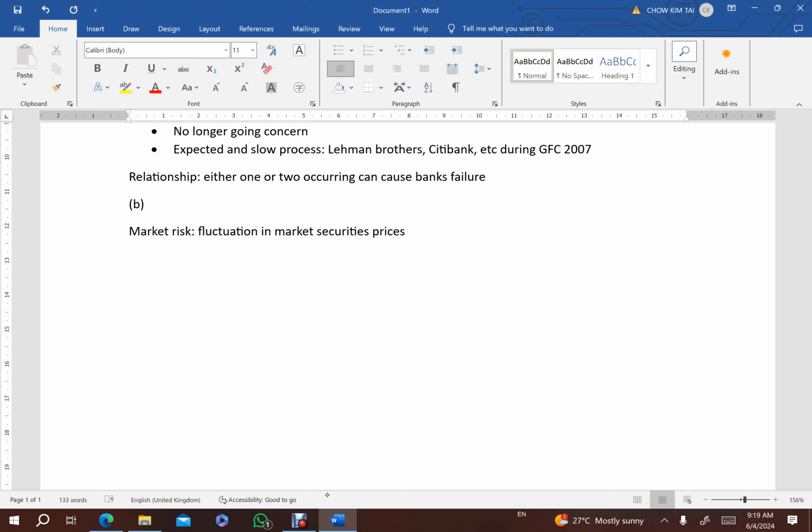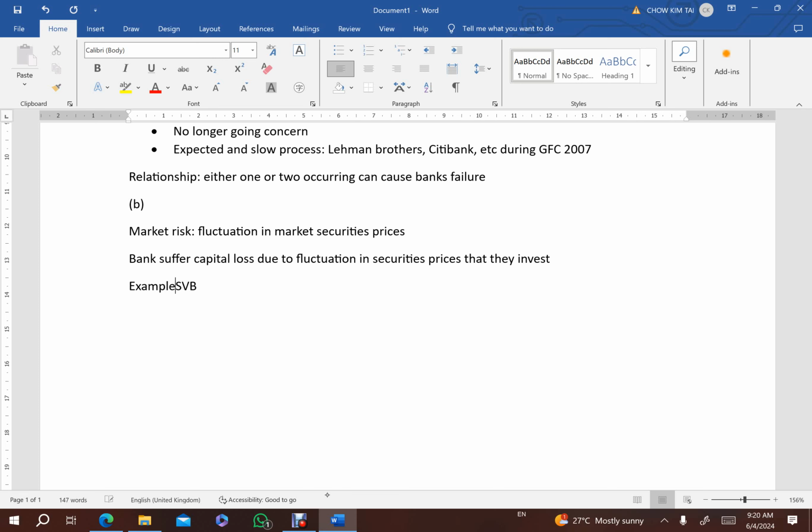Because of this fluctuation, banks suffer capital loss due to fluctuations in the security prices that they invest in. Now one good example is the Silicon Valley Bank. Okay, they also give an example.